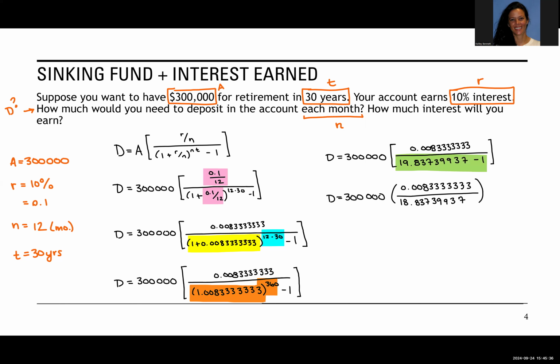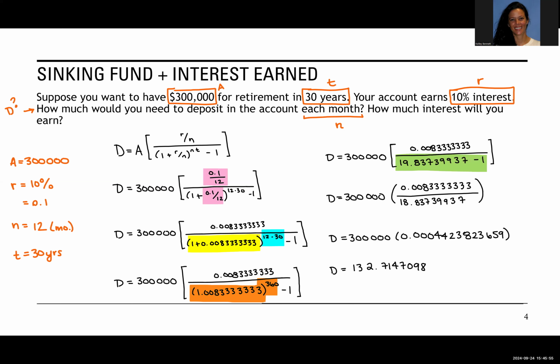And now I'm just going to plug in my calculator 0.008333333 divided by 18.8373937. So that gives me 0.0004423 blah, blah, blah. I'm going to multiply that by 300,000.